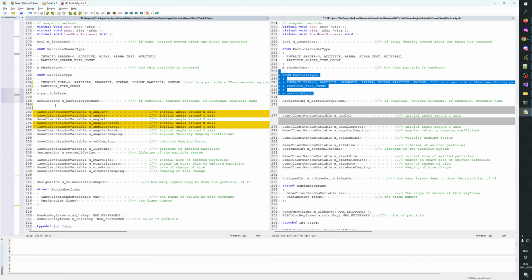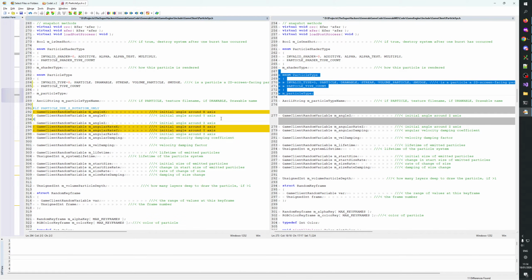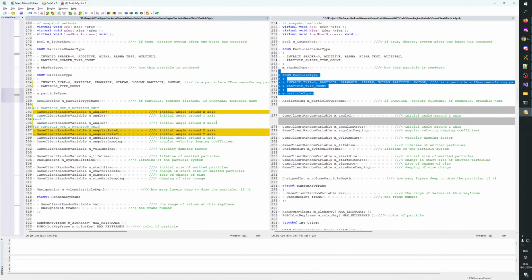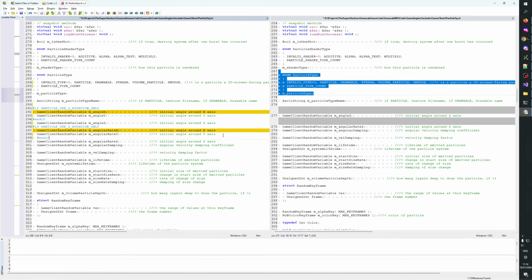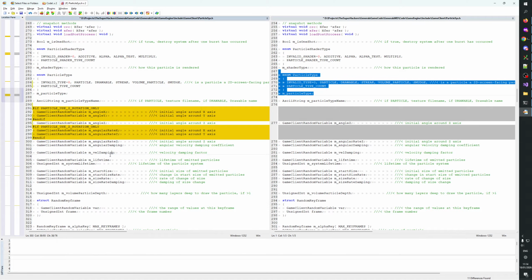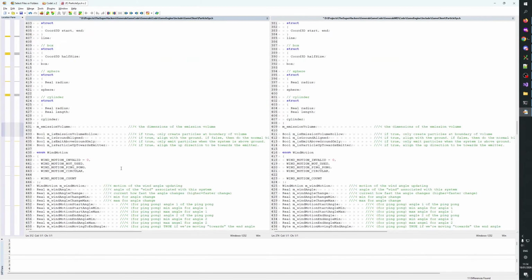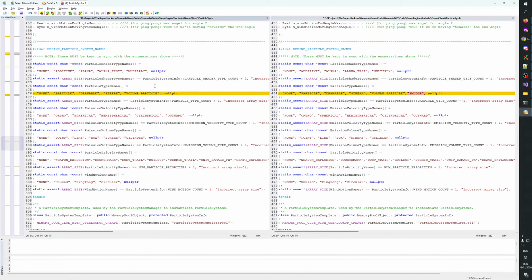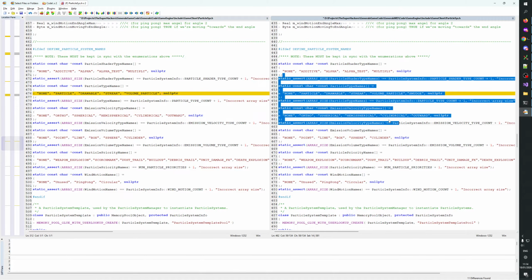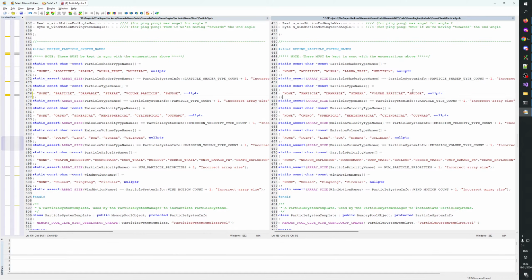Game client, okay. If, and if, and if. Okay, so far so good. Smudge. Can add a space here as well.